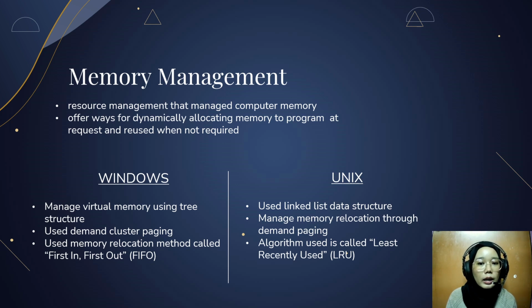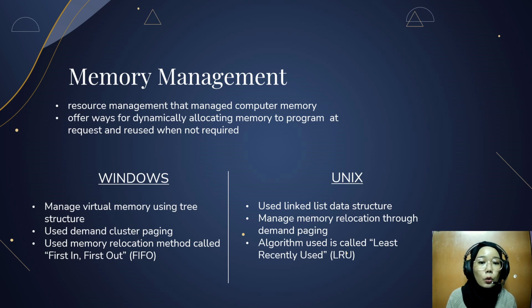A process can be stored in memory or set aside for later use. Unix, on the other hand, uses a linked list data structure that starts to search whenever a page is discovered and then records the address range, protection mode, and also growth direction.